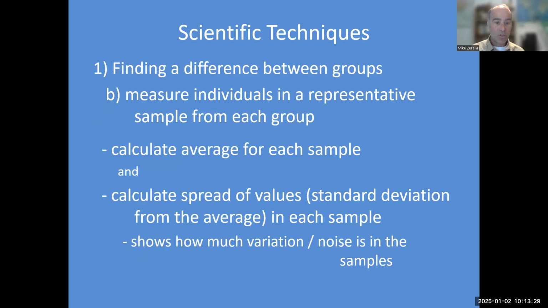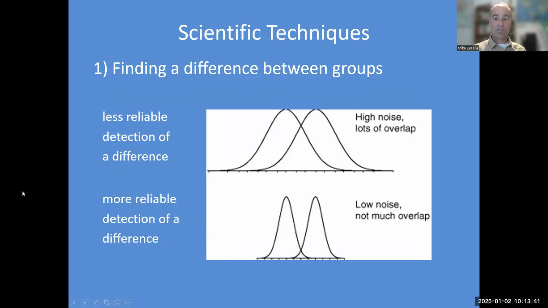So you might have to, and this is where some fancy statistical analysis can come back into the picture, calculate the standard deviation, as they call it, from the average. So here's a real simplified sense of what that would look like.